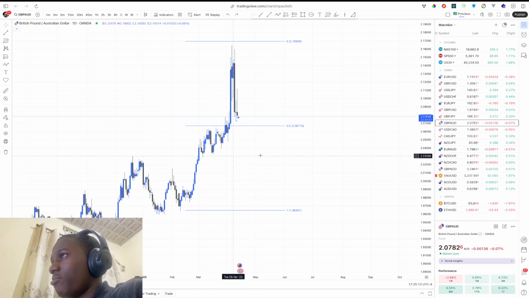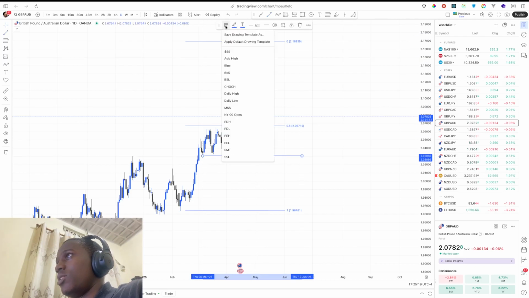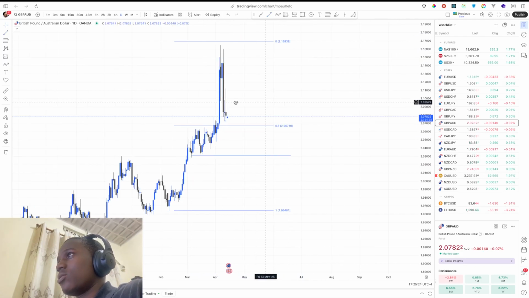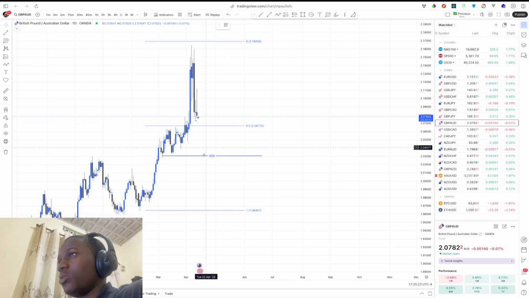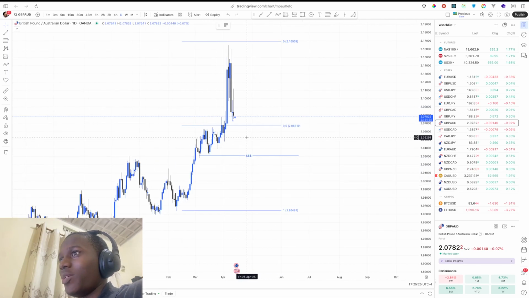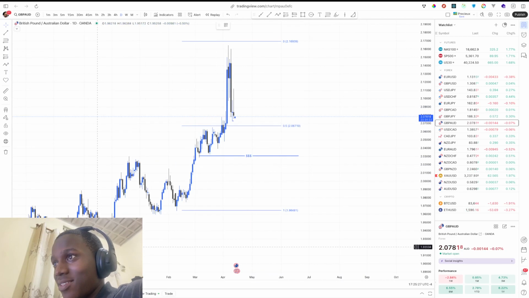So we have sell side liquidity here. Sell side liquidity here. So we're anticipating that the market should go lower before continuing higher. We have other sell side liquidity right here because these are relatively equal lows and some liquidity resting below here.